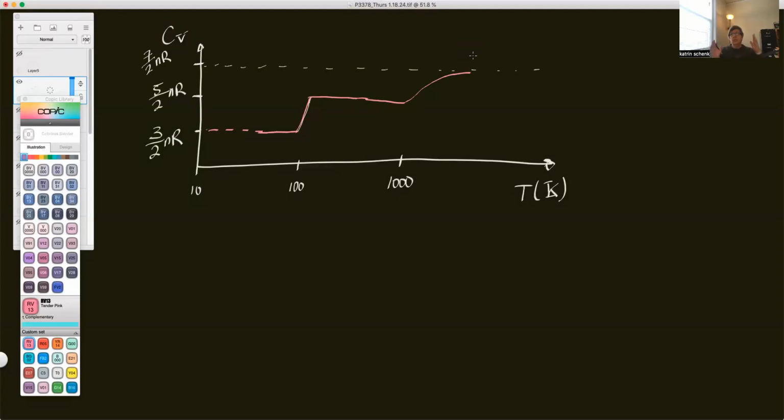So if you measure the specific heat at constant volume for diatomic hydrogen, you'll see at different temperatures that it has different values, and it's exactly because of the equipartition theorem and the fact that some energy modes are just not available for the molecules.